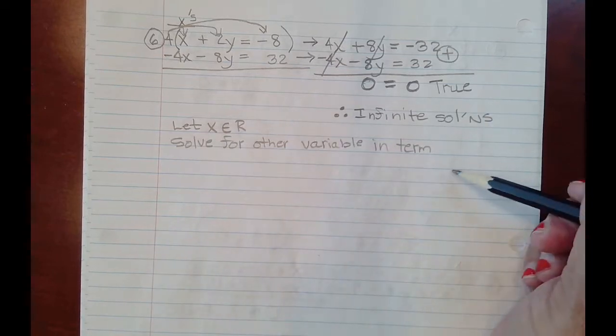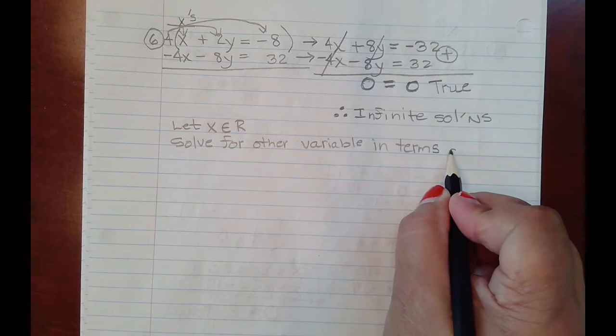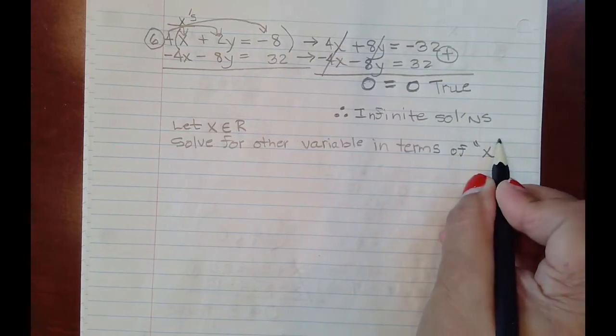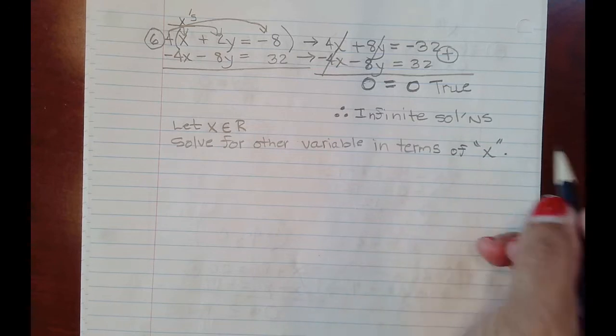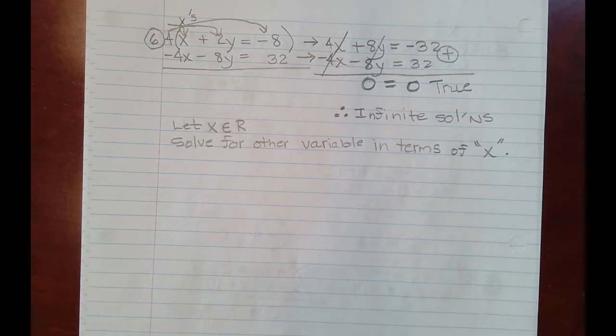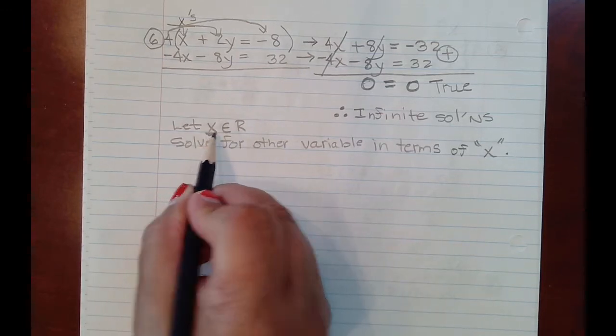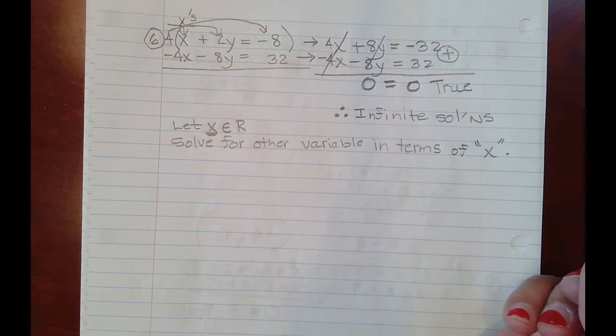So solve for the other variable in terms of x. One variable you're going to announce that it may be any number at all, which is always the case when you have infinite solutions. One variable can be any real number, and then you solve all the other equations in terms of that variable that you have announced can be any real value.